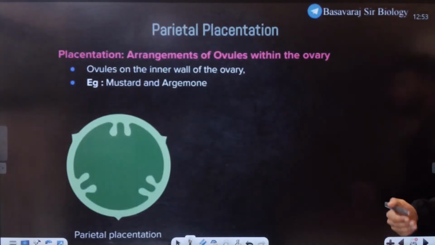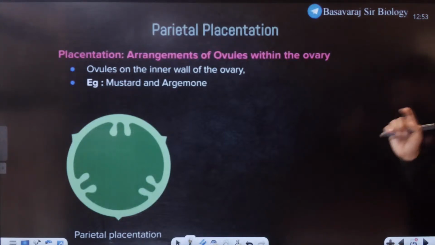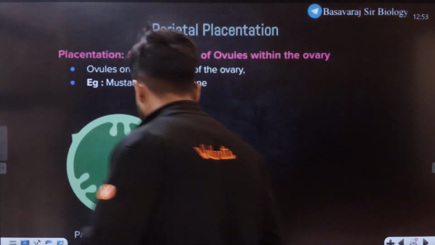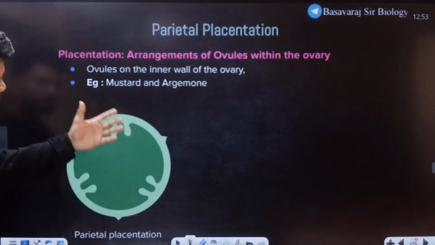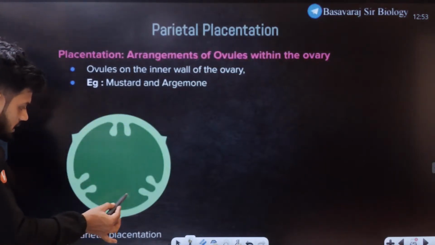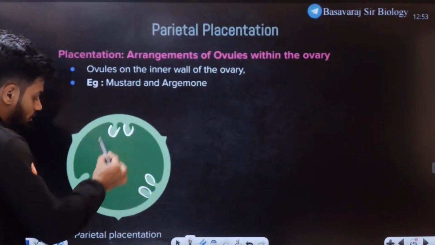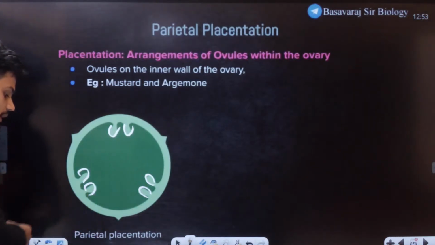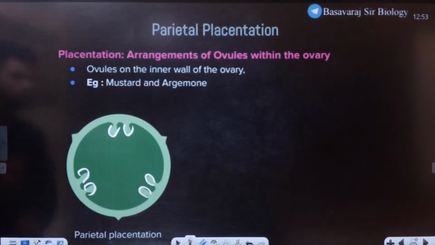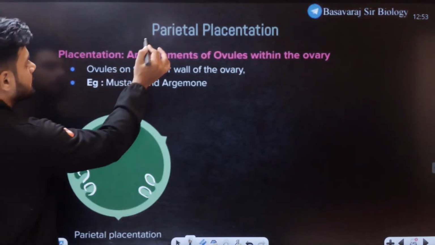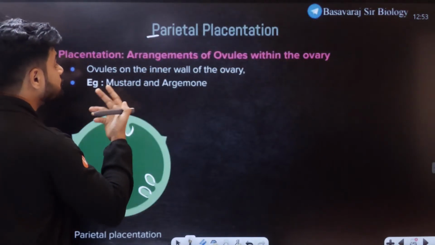This is called as parietal placentation. Now see, students, in parietal placentation, all the ovules are present at the corner here. At the corner, that is parietal. Can I call it as peripheral?